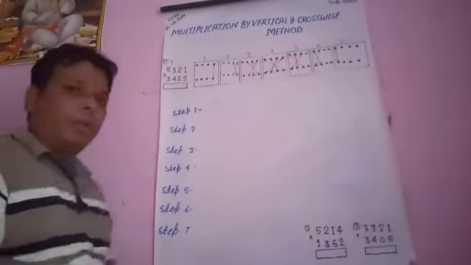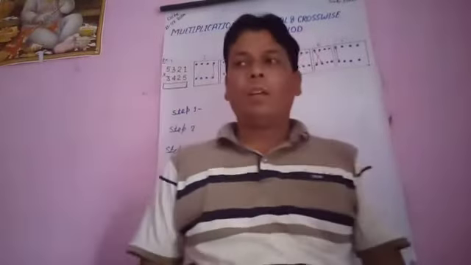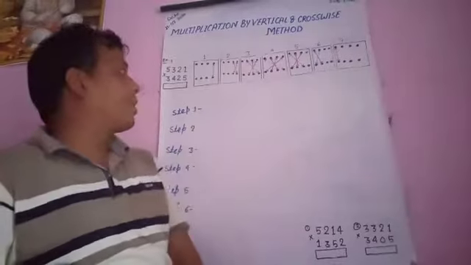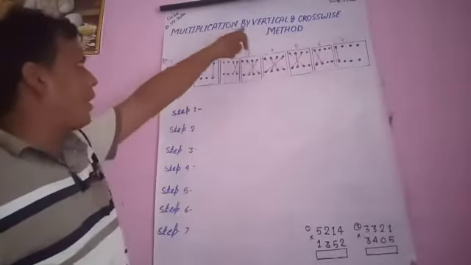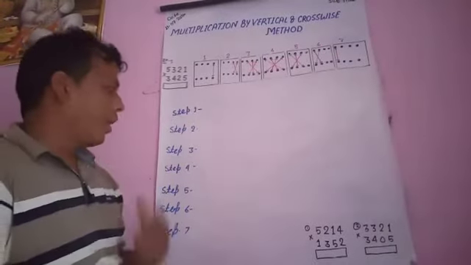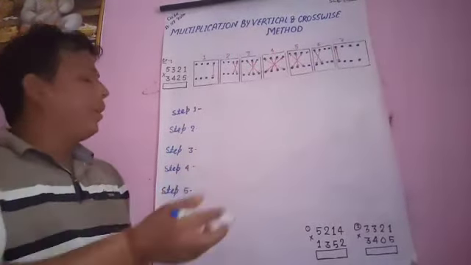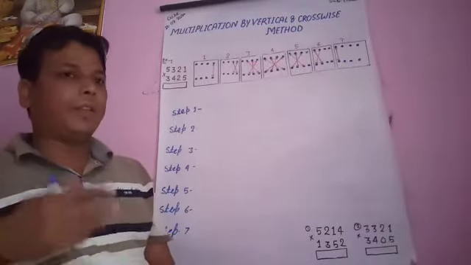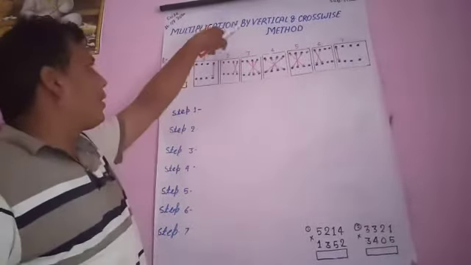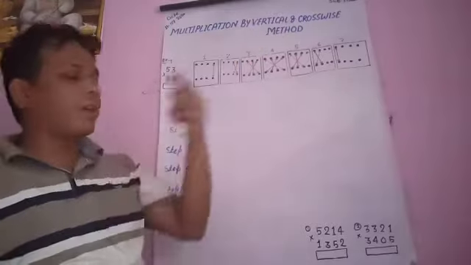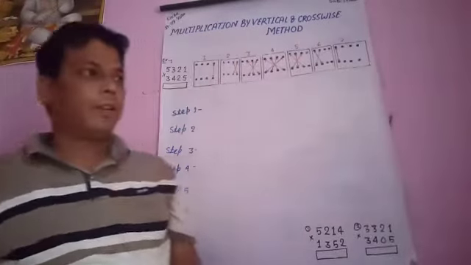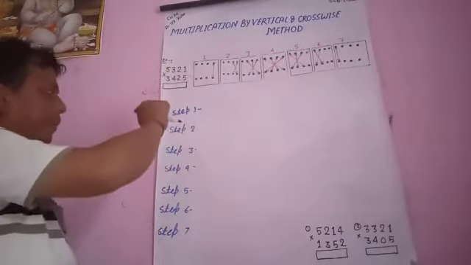Hello, good morning everybody. Today our topic is multiplication by the vertical cross method. Dear students, in previous classes we studied 2 digit and 3 digit multiplication by the vertical cross method, the Vedic Vidhi.